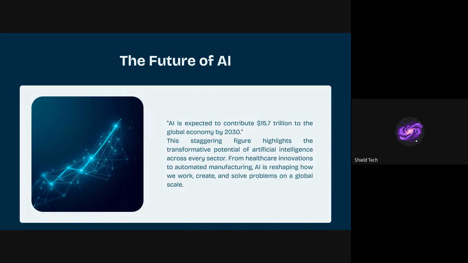With all these things, they know this will get big, because data is money. Data is big money. This staggering figure highlights the transformative potential of artificial intelligence across every sector, from healthcare innovation to automated manufacturing. AI is reshaping how we work, create, and solve problems on a global scale.